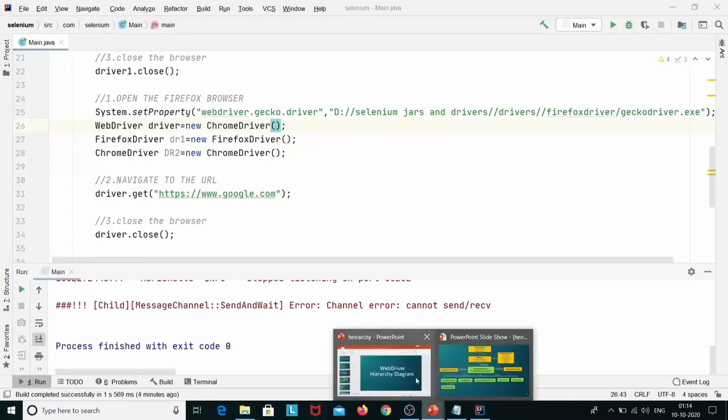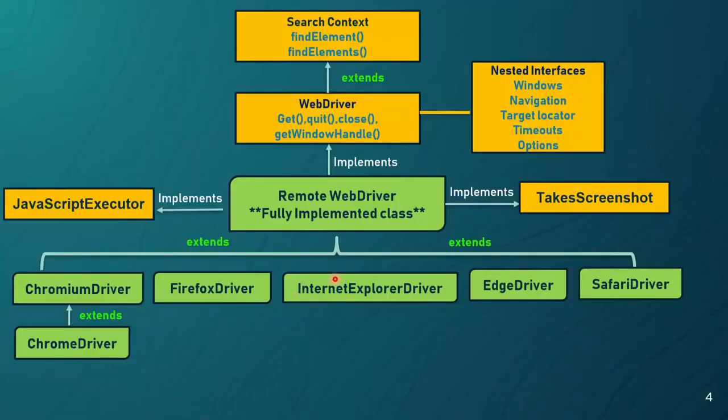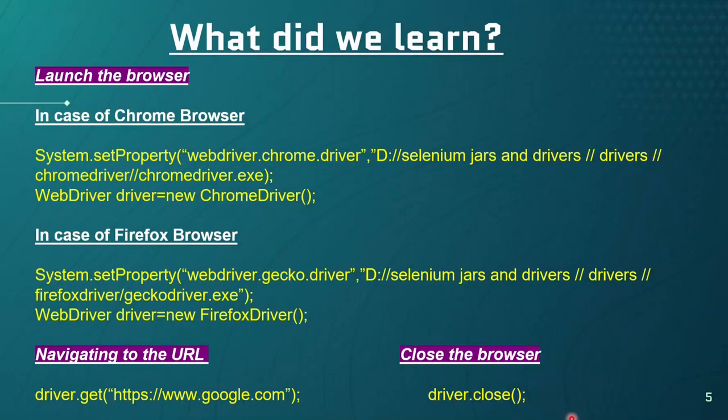Okay, so let's first revise what we have understood in this tutorial. The first thing that we learned is to launch the browser. In case of Chrome browser, first we set the property through the System class, that is System.setProperty, in which we need to enter two string values, the string key and the string value.